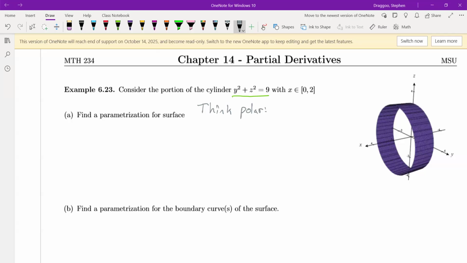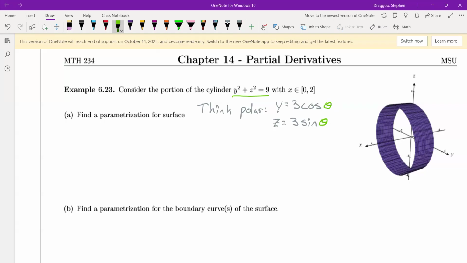But this time, instead of x and y as my two original variables that I'm going to transfer over, I'm going to use y and z. Or rather, the problem was using y and z. I'm just going to adapt polar coordinates to fit those. One of them needs to be cosine theta. The other one needs to be sine theta. And it can be a bit of a free choice as to which one goes where.